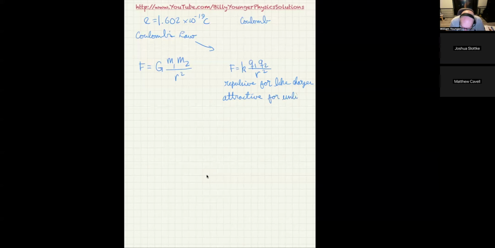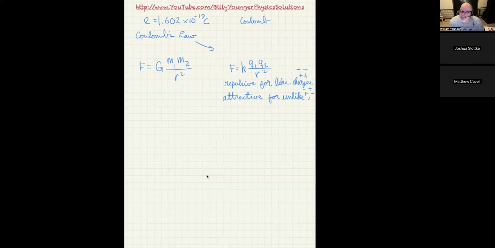So positive and negative. So like charges would be positive and positive or negative and negative, obviously, and unlike charges would be positive and negative or negative and positive.